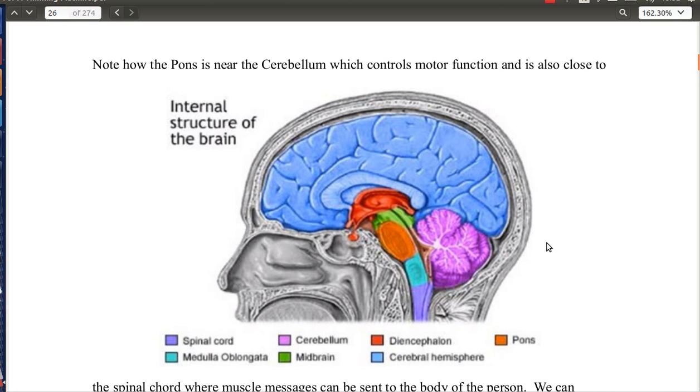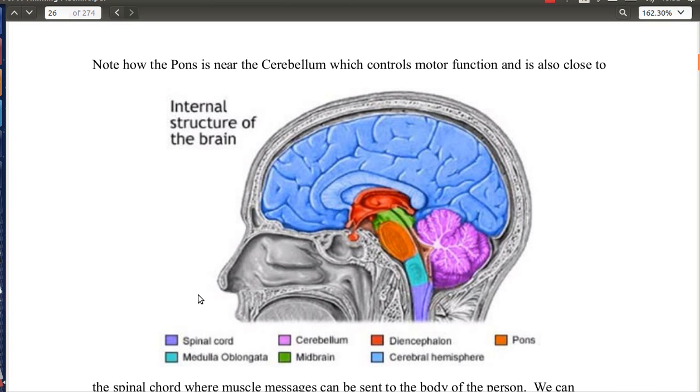But it requires a certain degree of having to examine how the brain works. And then we enter the medical world, where they have all these fantastic terms for all the different parts of the brain. You've got the medulla oblongata, the midbrain, the cerebral hemisphere, the pons, and so on.